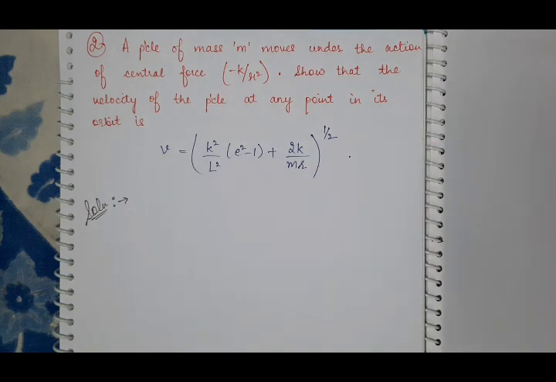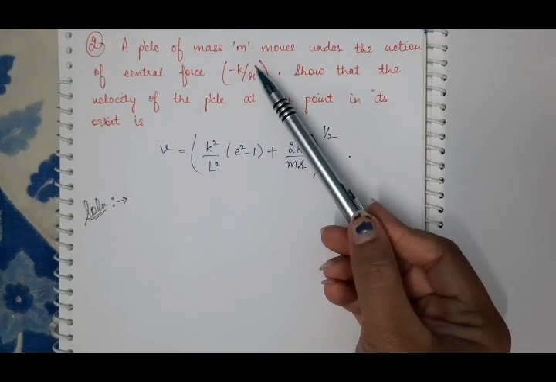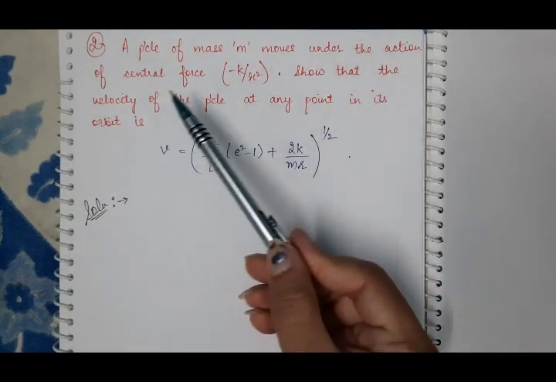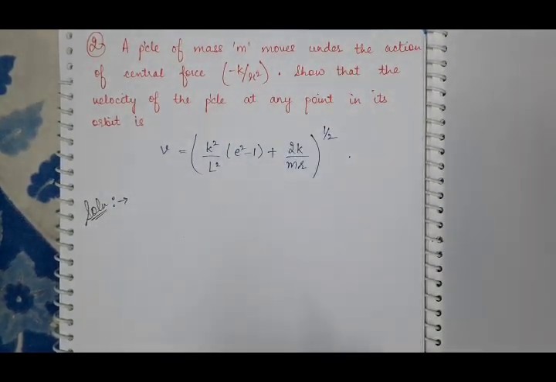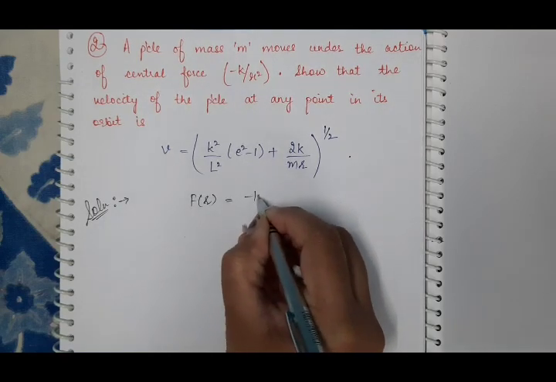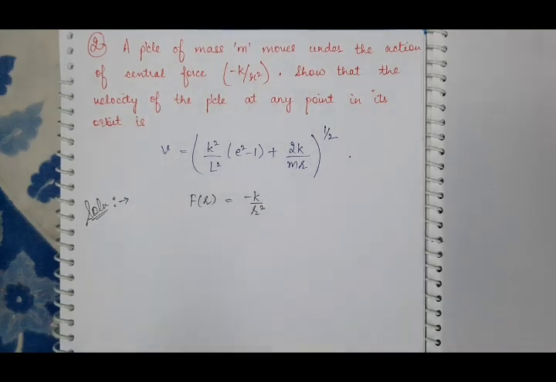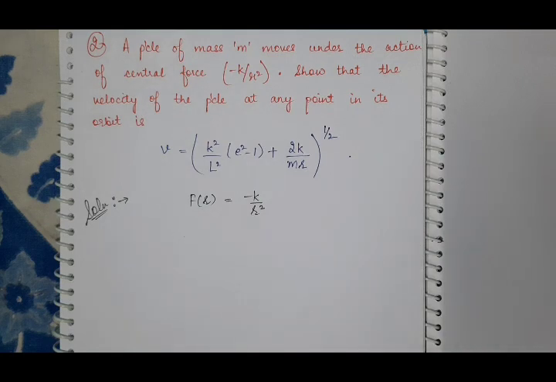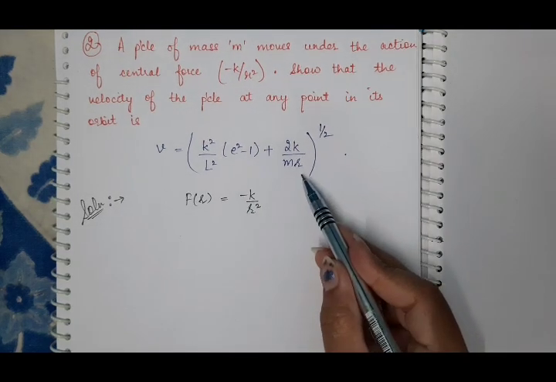Now in the next numerical, we are given a particle of mass m which is moving under the action of a central force. The expression of the central force is given: minus k by r square. A particle is moving under the effect of this force, and we have to show that the velocity of the particle at any point is equal to this.